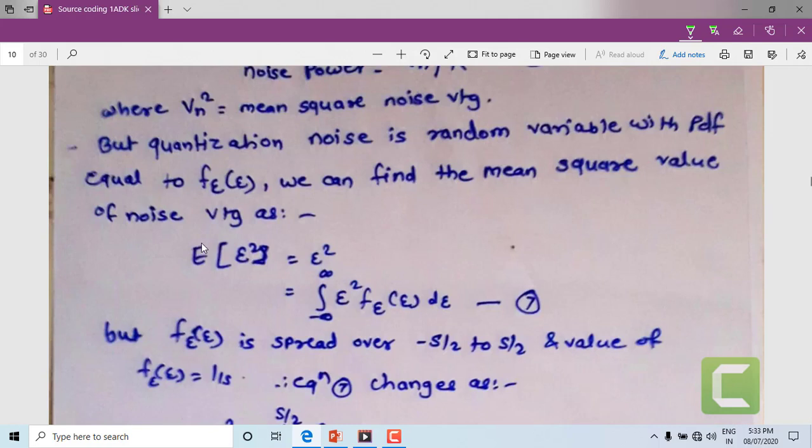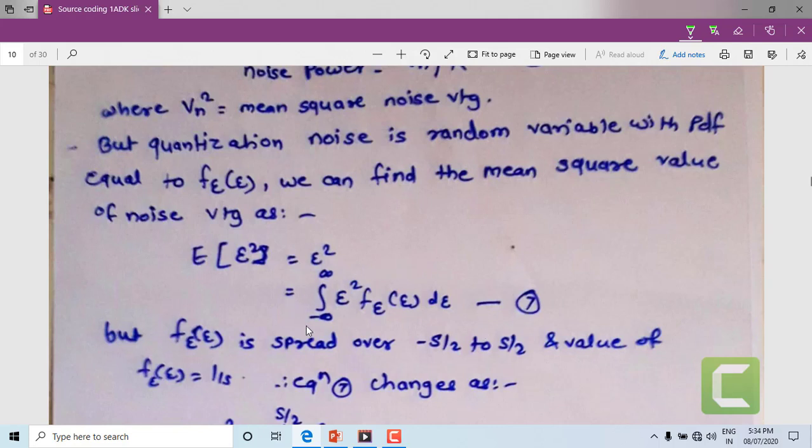Mean square value is represented as the expected value of epsilon squared. It is mathematically represented as the integration from minus infinity to plus infinity of epsilon squared times the probability density function of the error, with respect to small changes in error. But we have said that our error spreads over the limits of minus S by 2 to plus S by 2, and only in that region its magnitude will be 1 by S, and at other limits its value will be 0.